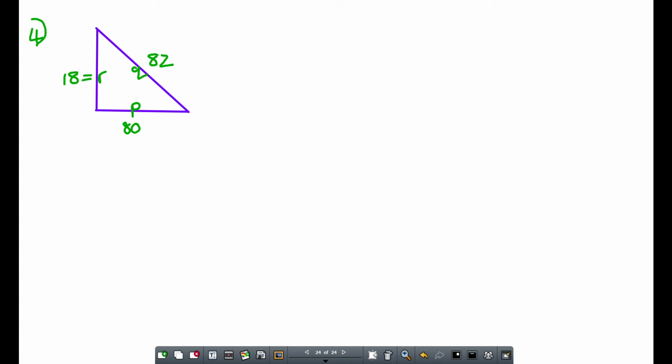Okay, right, so the next one, I've got PQR. Okay, so I'm going to start with the longer side, which is angle Q. So Q squared will be 82 squared. And that's going to give me 6724.